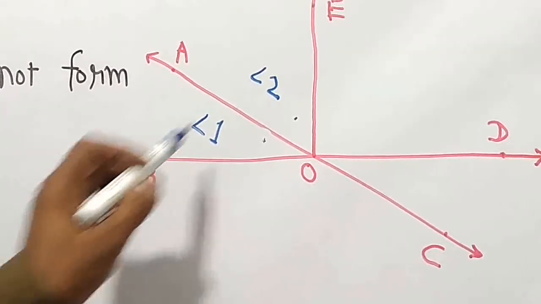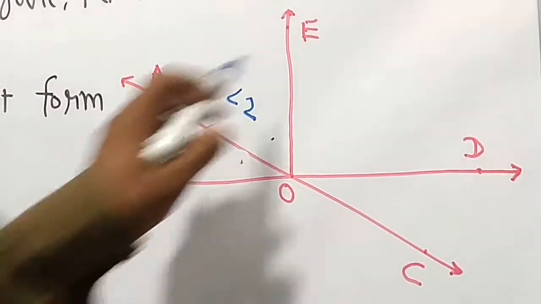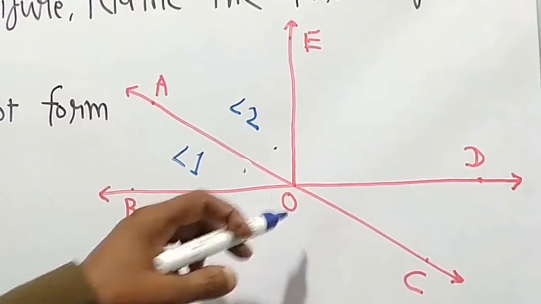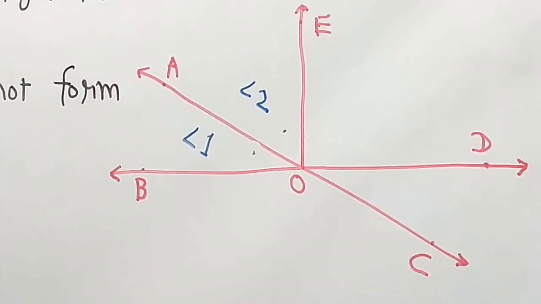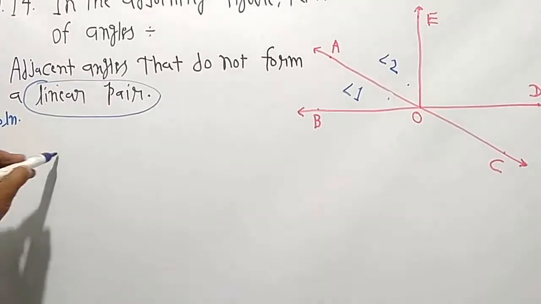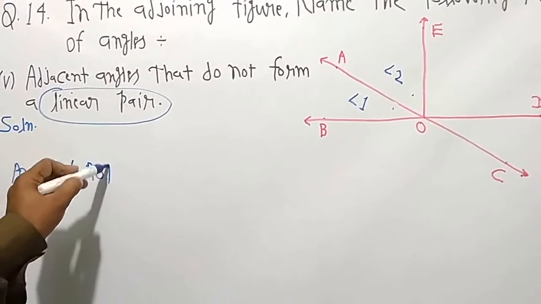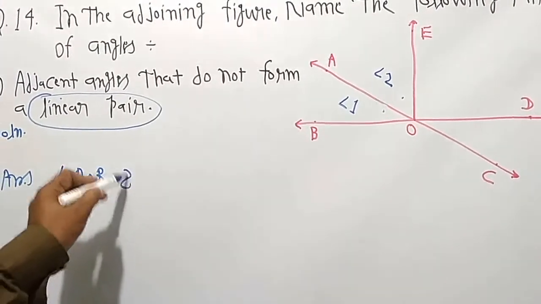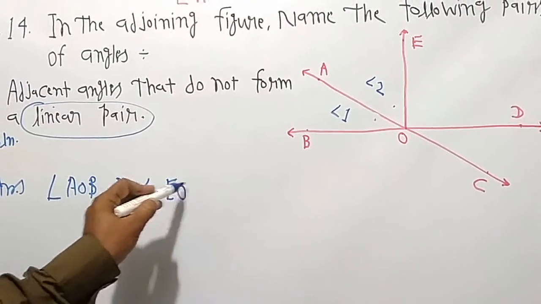Because the non-common sides are not opposite rays. BO and OE are not opposite rays. That's why it is not a linear pair. So in the answer we can write angle AOB and angle EOA.